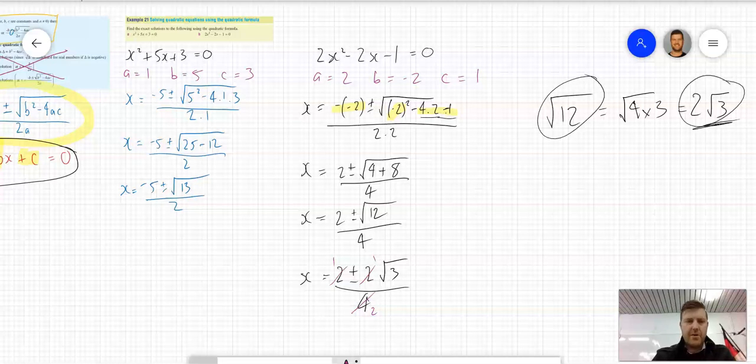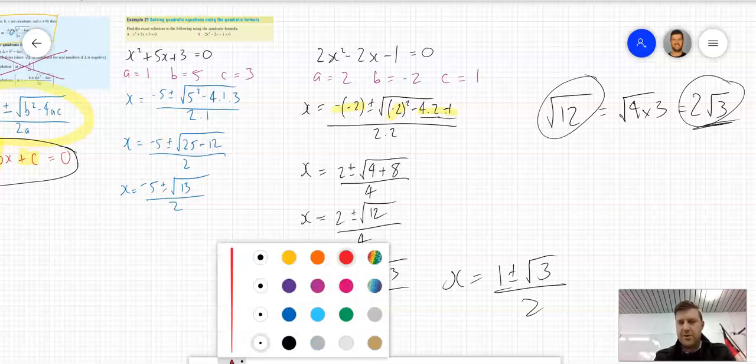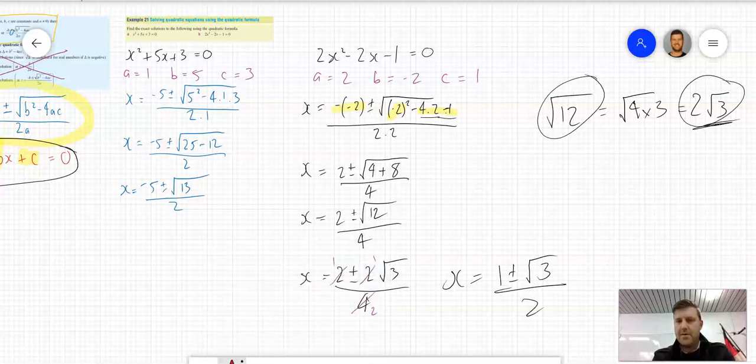So I've actually now got final answer, x equals 1 plus or minus root 3 over 2. Again, we write it as one solution, but essentially the two solutions are 1 plus root 3 over 2, or 1 minus root 3 over 2.